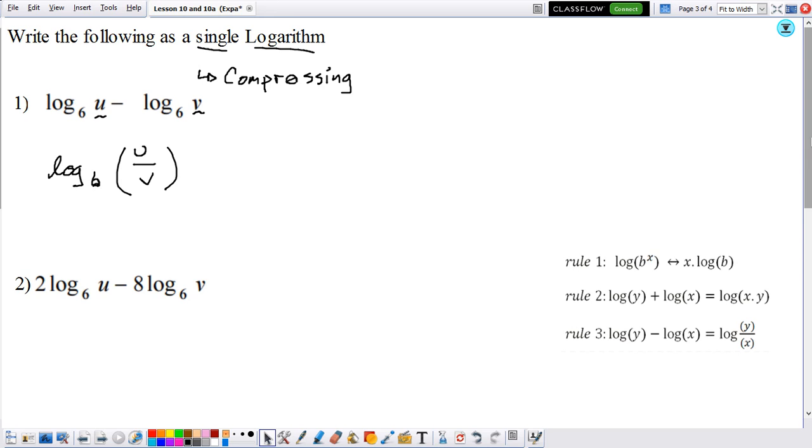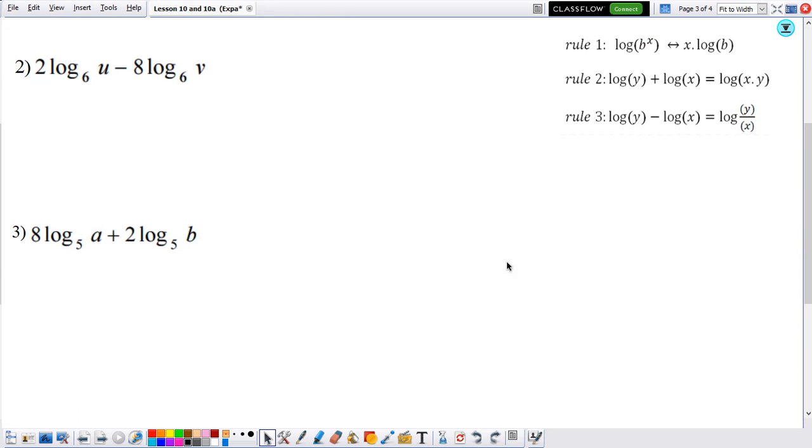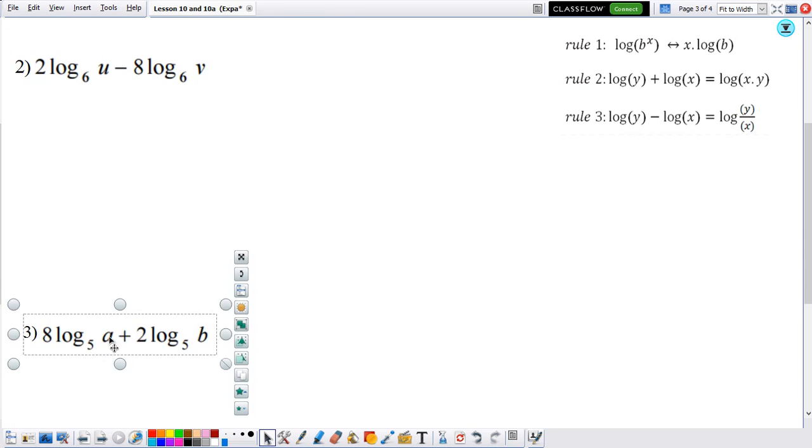Let's look at example 2. In example 2, notice that we are subtracting, so we can apply the same rule number 3. But before we start applying any rules, you need to make sure you don't have an exponent here. Here, we have coefficients in front of the log.